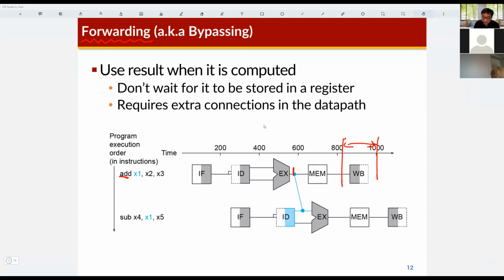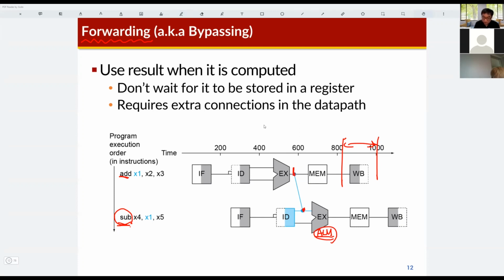If there is a path from here to here, so this is the very next sub instruction, and we already know that this sub instruction will use the ALU. The ALU has 2 inputs from the register file.